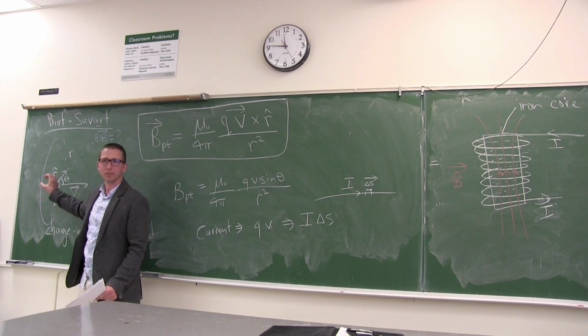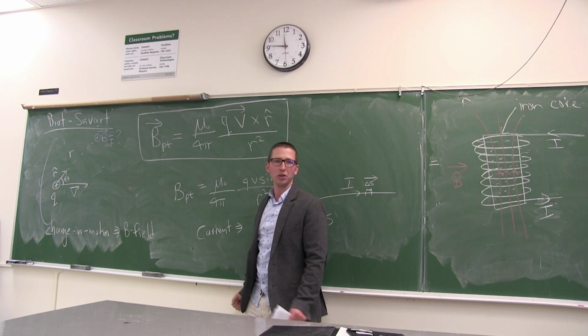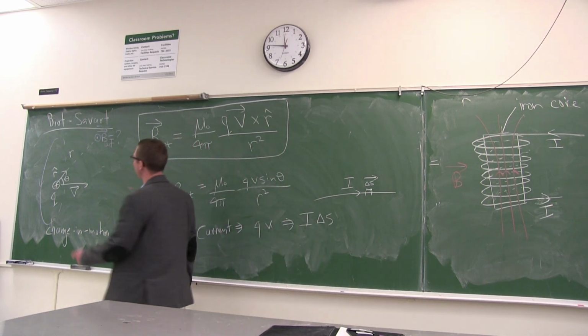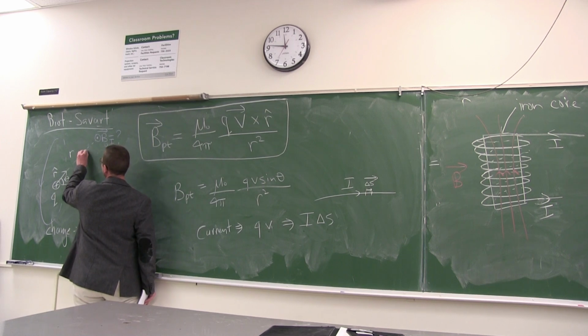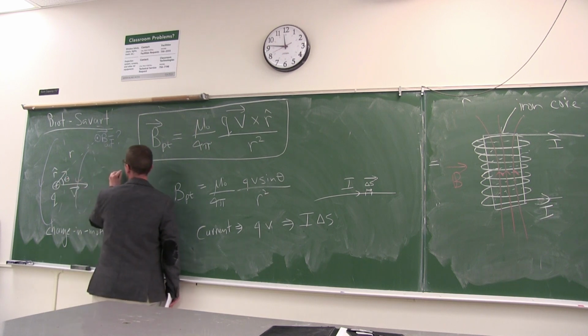Because we'd expect, if it was a bunch of point charges lined up in a row and they're all moving to the right, we know the field wraps around. But for just a single point charge, as you come over here, the field just gets a little bit weaker, because R is getting larger.